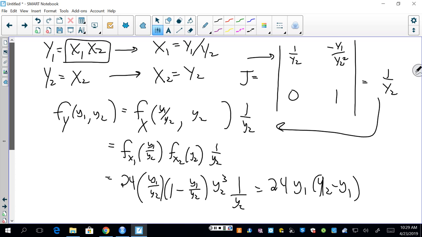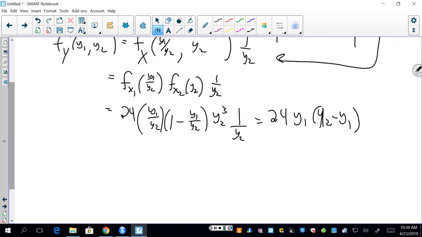Which one of these two things is bigger or smaller than the other one? So y2 is always bigger or equal. This one always has to be bigger, because you're multiplying by another thing that's between 0 and 1, so it's going to make it smaller. So y1 is between 0 and 1, and y2 is between 0 and 1, but y1 is less than or equal to y2.